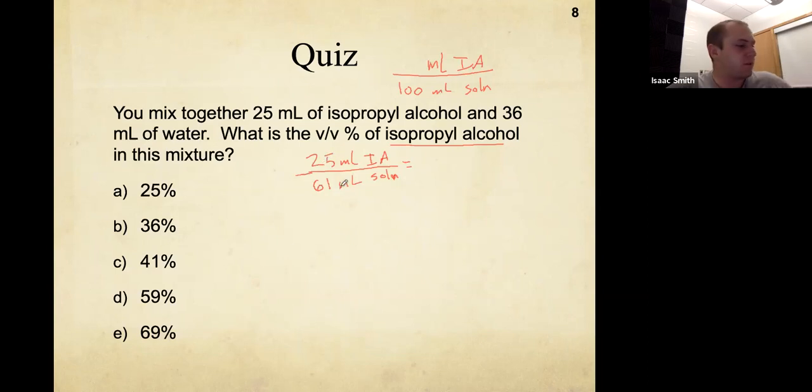Let me pull out a calculator. So you have 25 divided by 61. Okay, so that tells us we have about 0.41 milliliters of isopropyl alcohol.